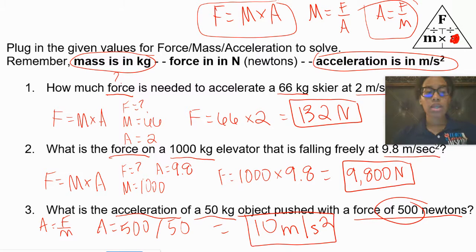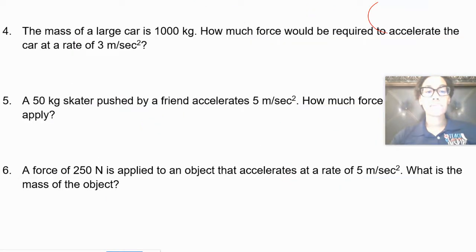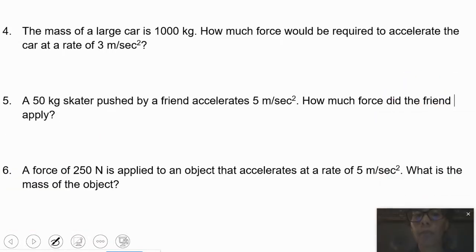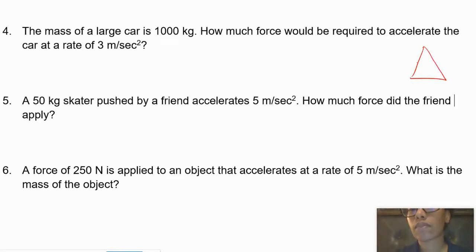So let's go to number 4, and I'm going to rewrite the triangle just because it's not here. Okay, and you already have it on your paper, and you don't have to use it unless you want to.